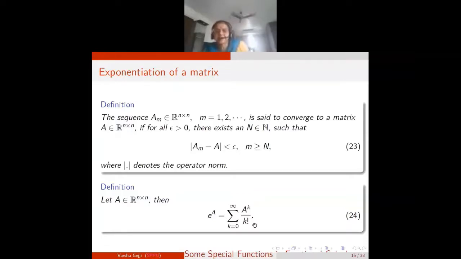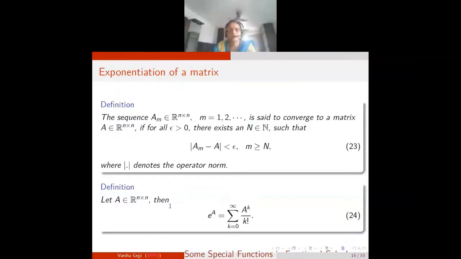exponentiation to matrix arguments. So this series is the limit of the sequence Sn. Sn is the summation up to the nth term, and then you take the limit. Here you have defined the limit and convergence of limit for a sequence of matrices.